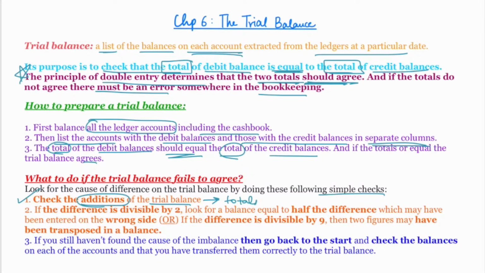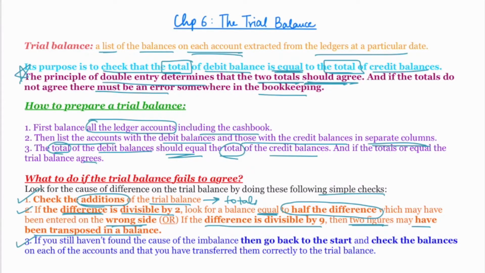Second, if the difference, that is between the total of the debit and total of the credit, is divisible by 2, then look for a balance that is equal to half of that difference, which may have been entered on the wrong side. Or if your difference is divisible by 9, then two figures may have been transposed in a balance.